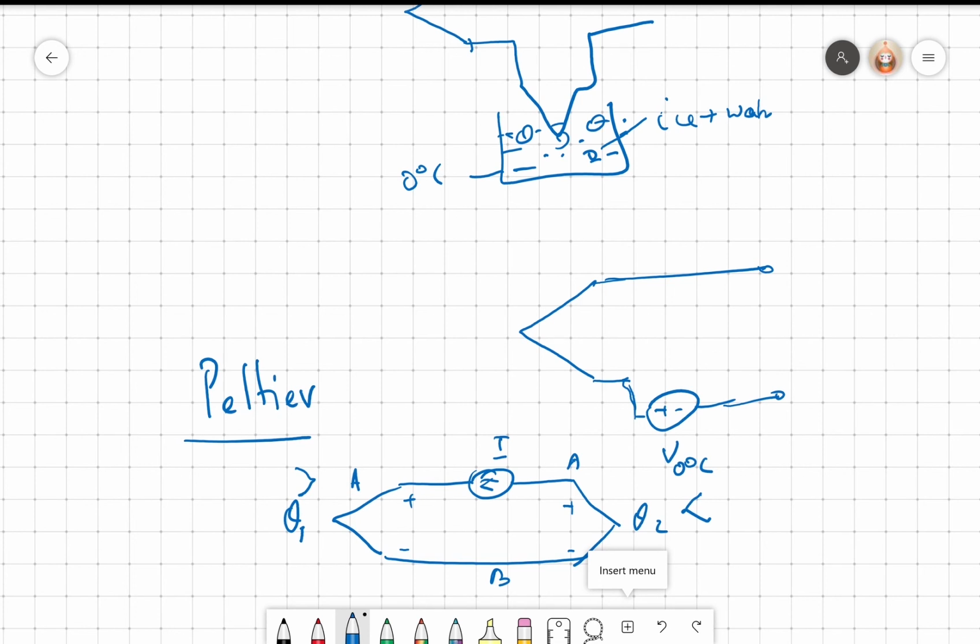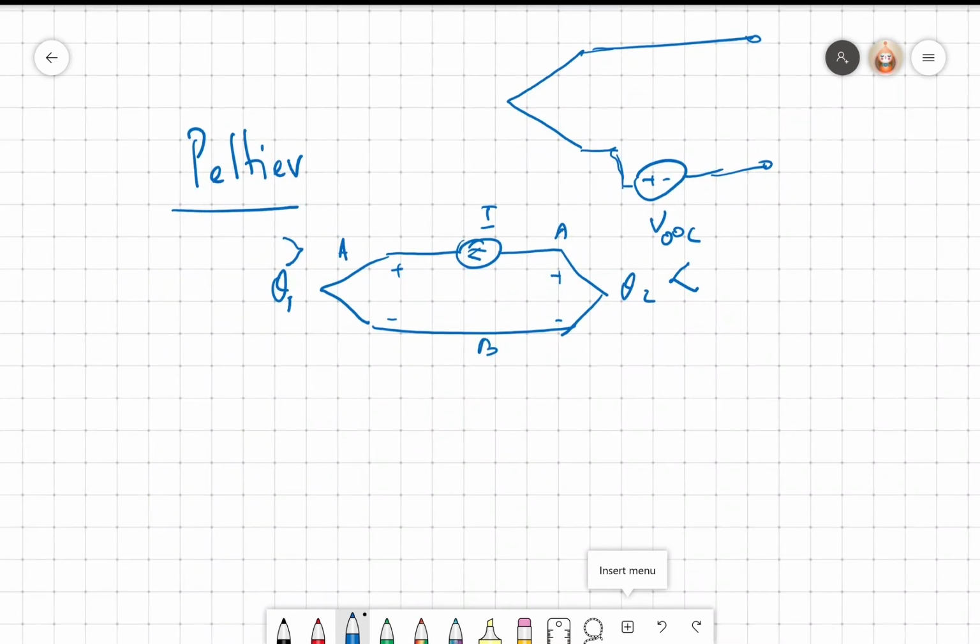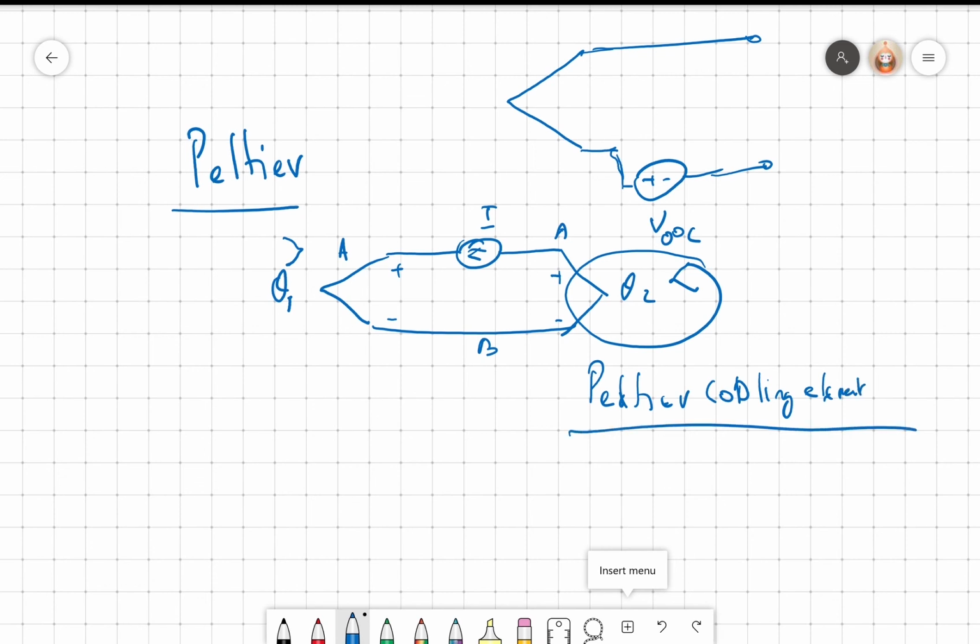Heating, it's no big deal, we can use a resistance and simply send a current, I square R, it will heat up, but cooling is very difficult. So this cooling is called a Peltier cooling element. You can buy them. You just apply a voltage to a Peltier cooling element, and it immediately drops down to 0 degrees, sometimes even minus 5 degrees centigrade, right?